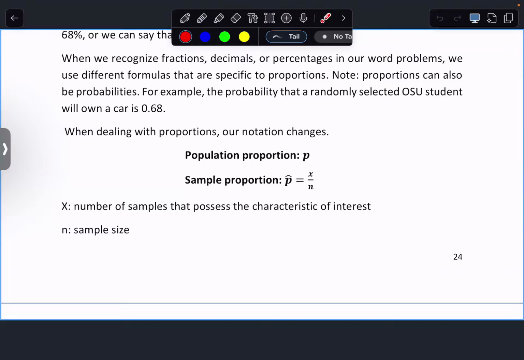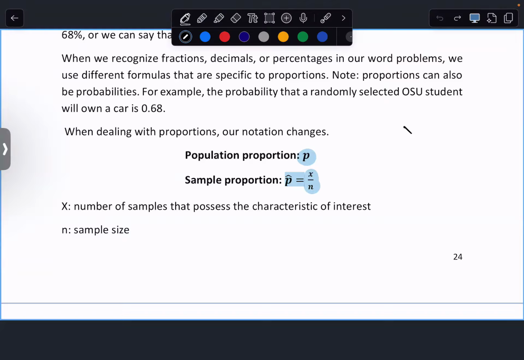So a little bit of notation here. We will always denote our population proportion with capital P, or sorry, just P. And the sample proportion will always be denoted by P hat. And this P hat we always calculate by taking X divided by N. X here is the number of samples that possess the characteristic of interest.